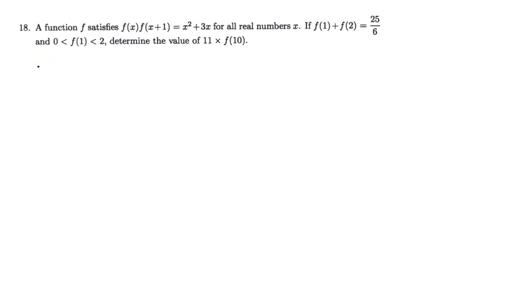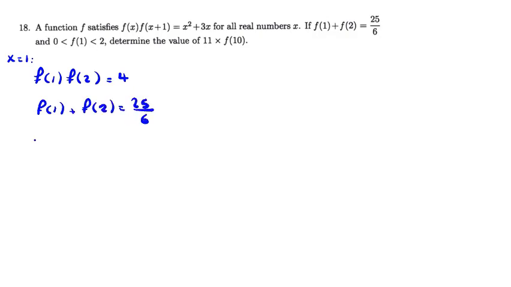Okay, for solving this problem, we say f of 1 times f of 2, if we consider x equals 1, equals 1 plus 3, 4. f of 1 plus f of 2 equals 25 over 6. I consider f of 1 equals c. So now I want to find f of 1.